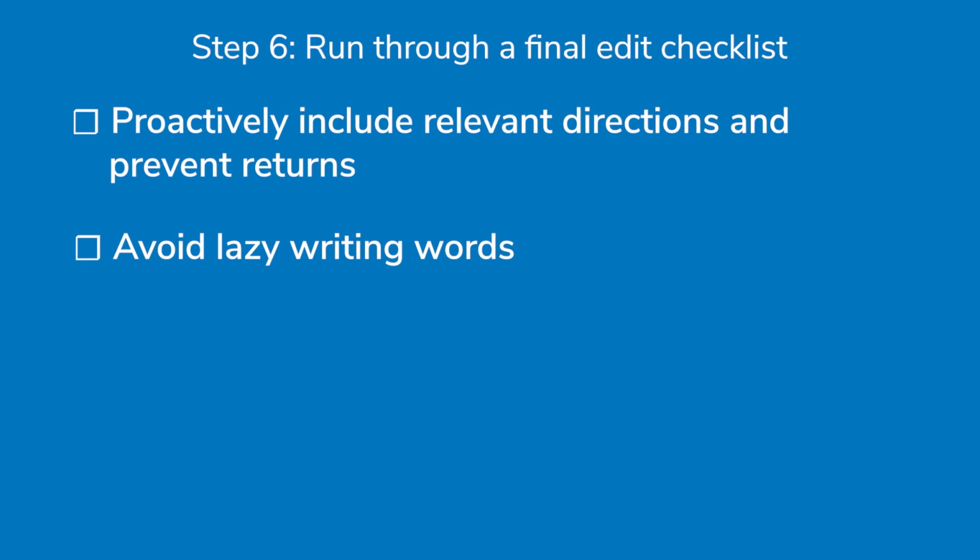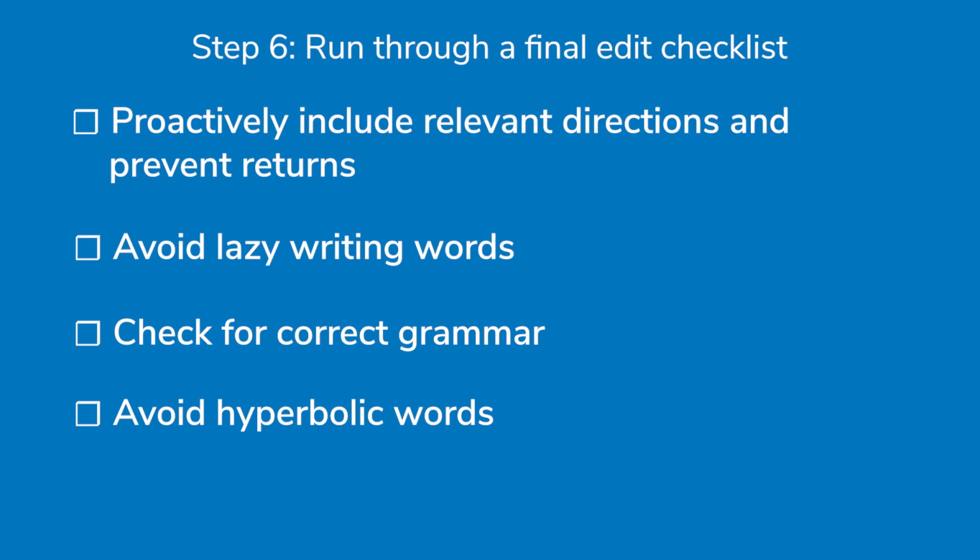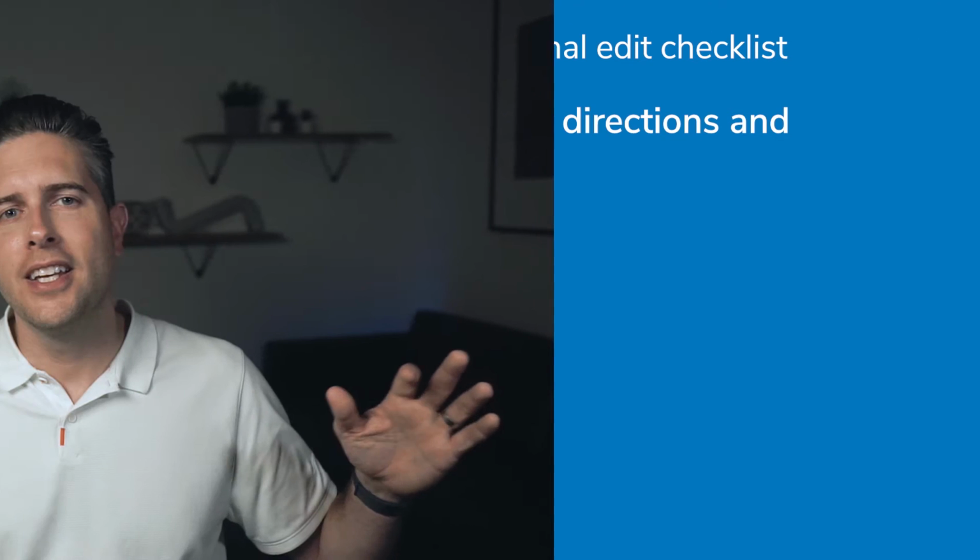Did you avoid lazy writing words such as actually, literally, honestly, just, nice, sorry, that, very, maybe, of? Have you checked for correct grammar and used a free tool like Grammarly? Did you avoid hyperbolic words such as market leading, breakthrough, innovative, stunning, ultimate, revolutionary? Keep in mind, many of these are just guidelines, not hard and fast rules, but they should be a great place to start for any brand.